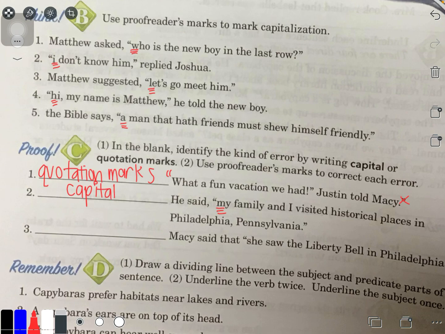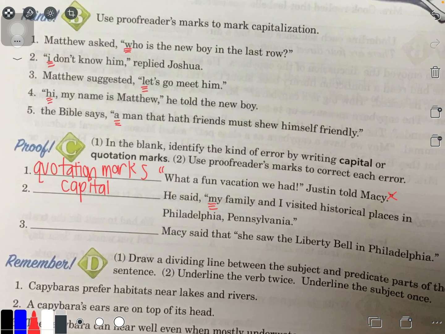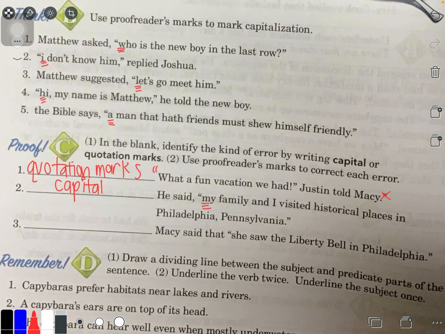Number 3. Macy said that she saw the Liberty Bell in Philadelphia. Okay, now, here's where it's funny. Here, I'm going to draw Macy. Okay, here's Macy. She's got nice curly hair. She's saying something in her speech bubble.